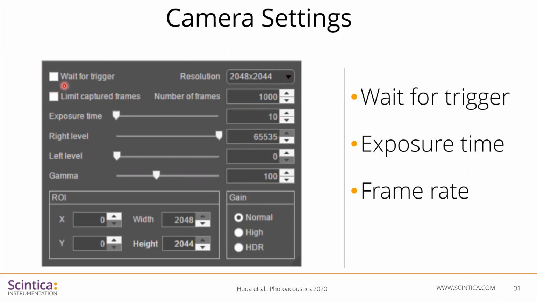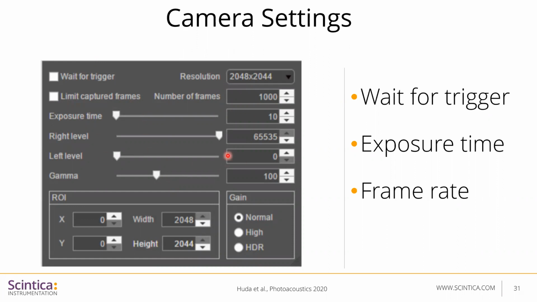The first one is wait for trigger, and if this is checked, the camera will save the frame data at each trigger event. Then the second is limited capture frames, and when this is checked, the camera will only capture the specified amount of frame data in the number of frames per scan events.